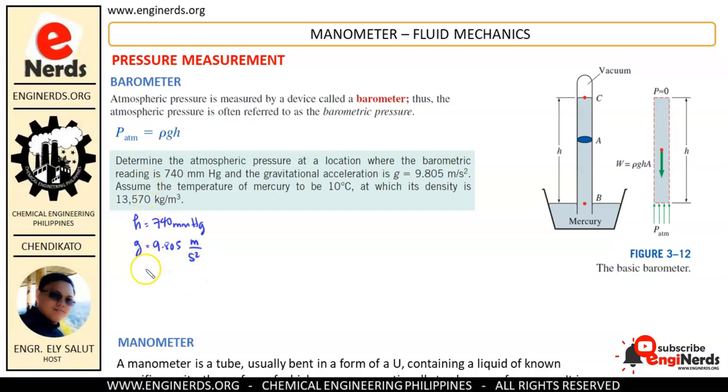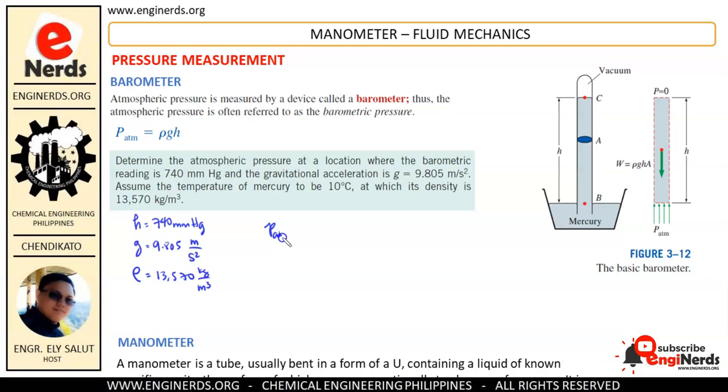And then, at 10 degrees Celsius, the density of our mercury is equal to 13,570 kg per cubic meters. Okay, so let us apply our formula here and substitute these values.